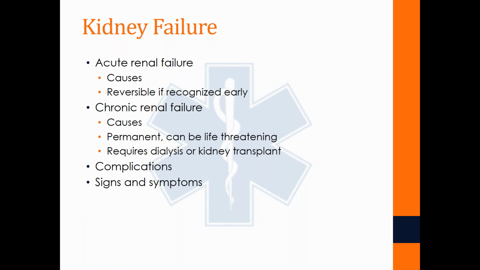On top of filtering out your blood and creating urine, your kidneys will also make it so that we don't wind up fluid overloaded and have way too much fluid floating around in us and cause some of that pulmonary edema and heart failure and swelling in our lower extremities.